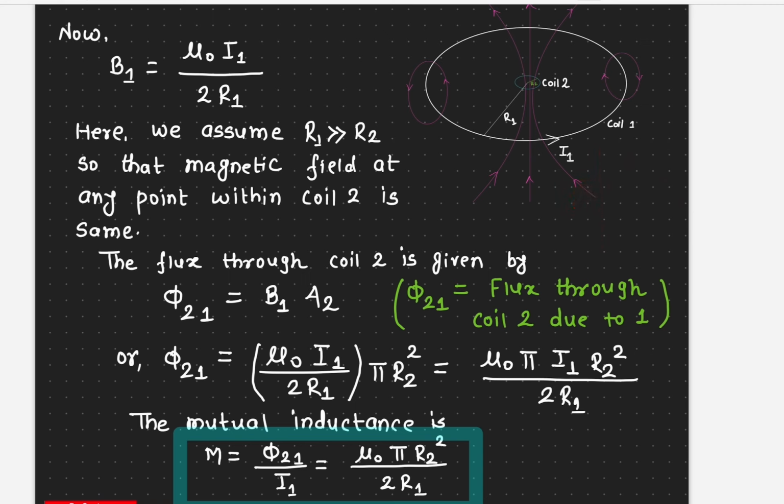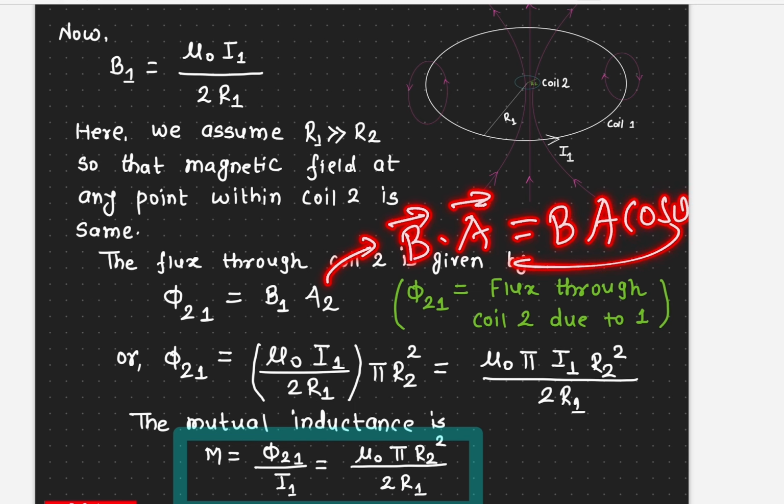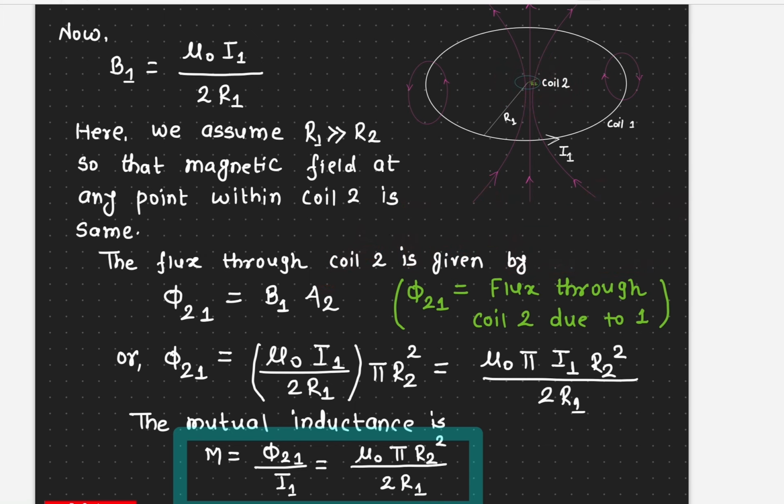The correct equation is B vector dot A vector, and the dot product is given by BA cosine theta. So if we assume coil 2 is much smaller, then the area vector and the magnetic field vector will be in the same direction, and that's the reason we assume coil 2 is much smaller than coil 1.